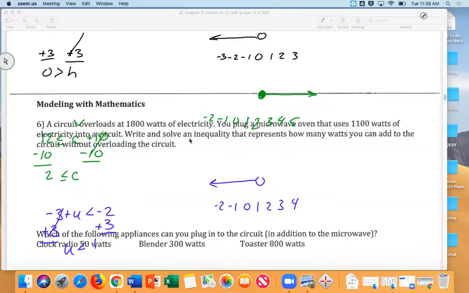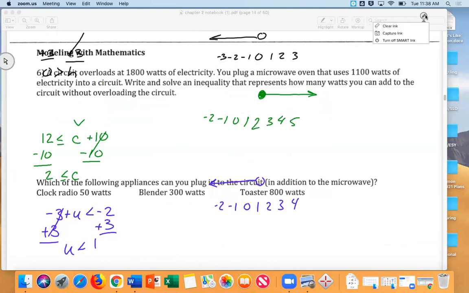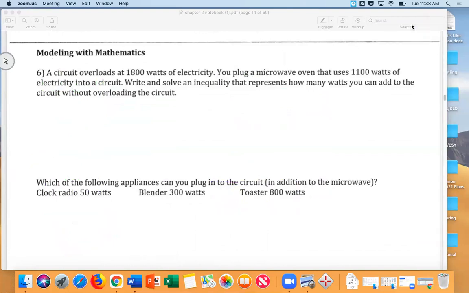All right. Now, here is why we need inequalities. Ava, have you ever plugged too many things into an outlet and it popped? Do you know what that's called? Yeah, you kind of blew a fuse, right? You didn't technically blow it, but what you did is you set the trip.